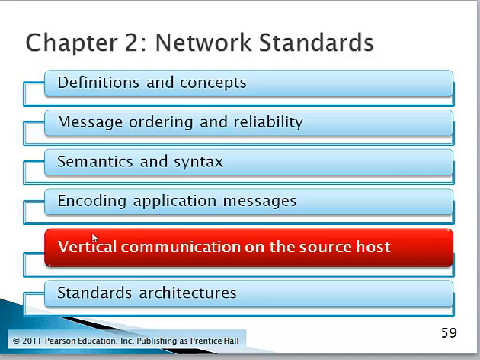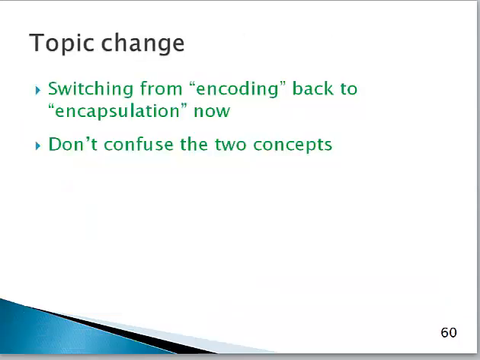In the book, it's confusing to me because it starts off talking about encapsulation and message ordering, reliability, semantics, and syntax, and then encoding, and then it goes back to wanting to talk about encapsulation. So at the end of the chapter, it ends up where it starts. This phrase, vertical communication on the source host, really, this is just encapsulation again. So that's why I had the slide in here kind of warning everybody that we're changing topics yet again.